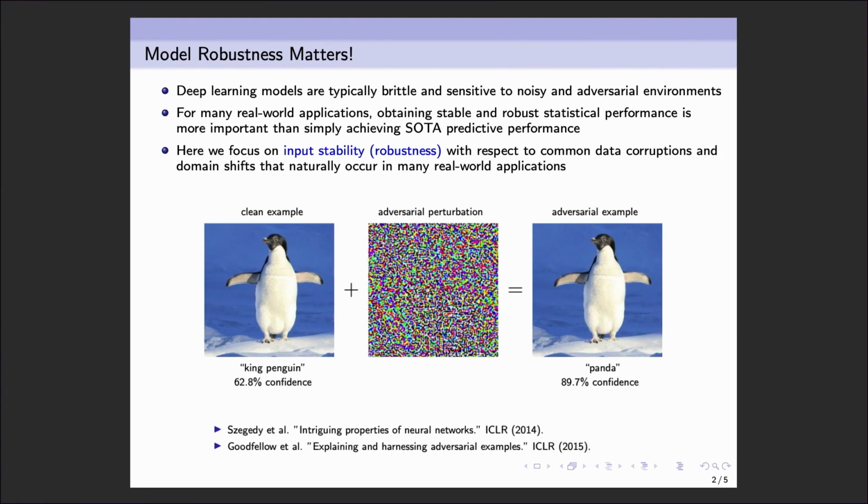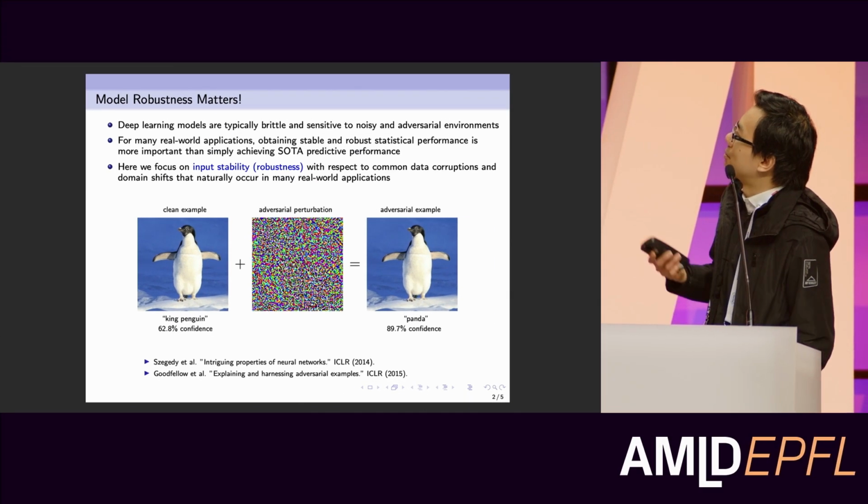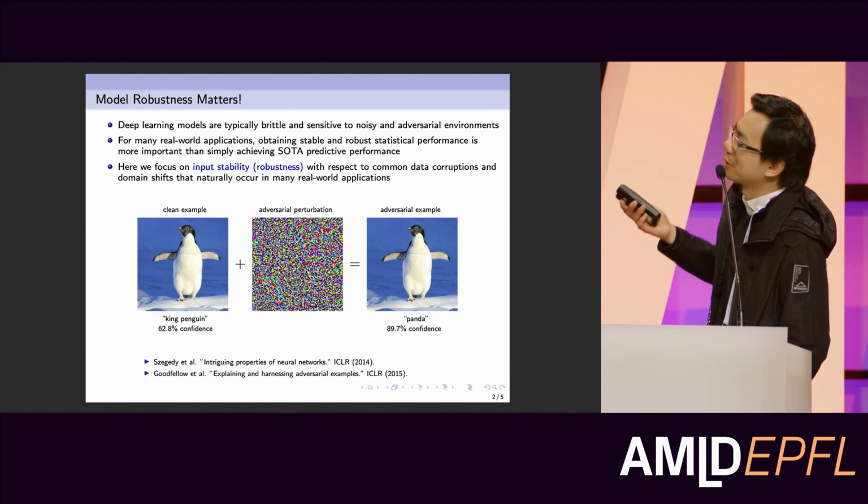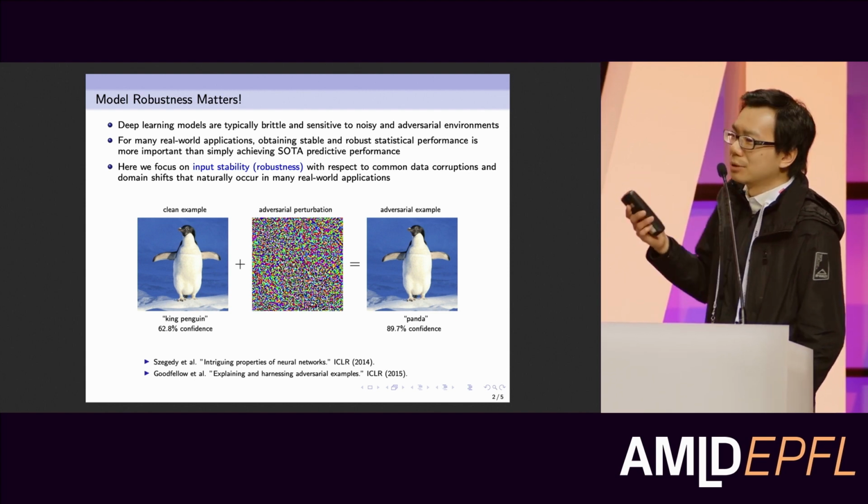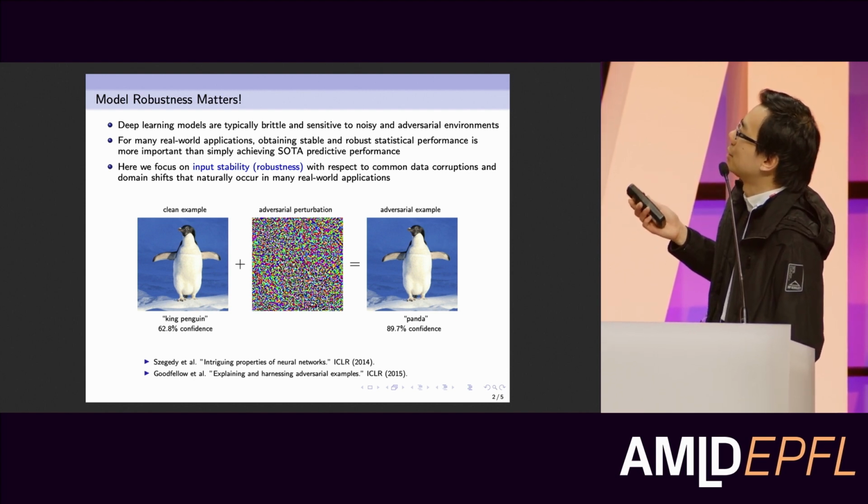If we take a clean image, like this king penguin, and then we blur it with adversarial perturbations, some artificially crafted perturbations that will fool the model effectively, this will make the model go crazy and give you nonsense, like panda here in this case, and with quite high confidence.